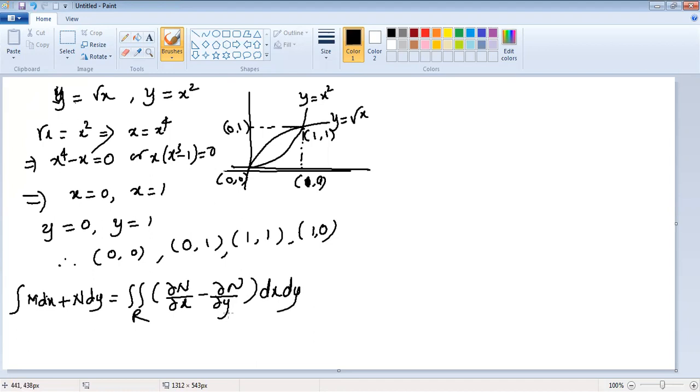This is our Green's theorem. Now verify means we need to prove LHS equal to RHS. First, let us consider the LHS part.